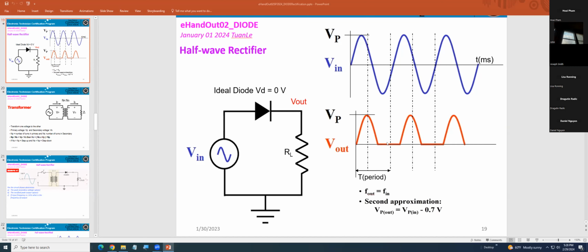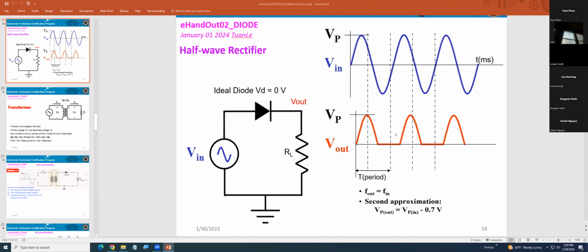That means VD equals 0 volt. If you take the diode out, V out would be 0 volt. So that's why it's 0, and no current goes through the resistor.